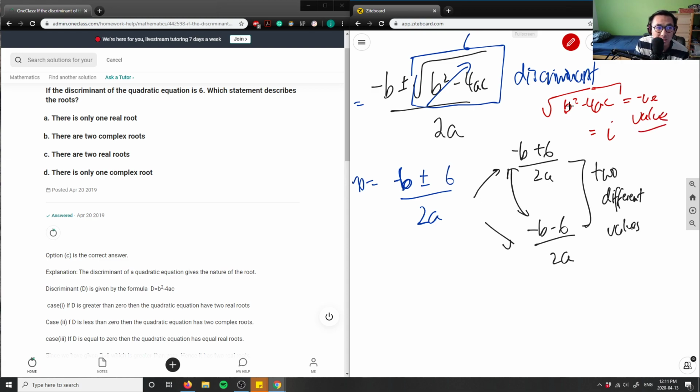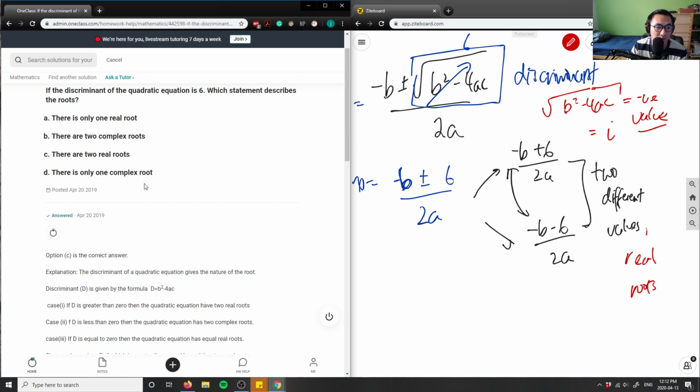But in this case, it equals 6, which means I don't have a complex root. So I have two real roots, which means my answer here is C.